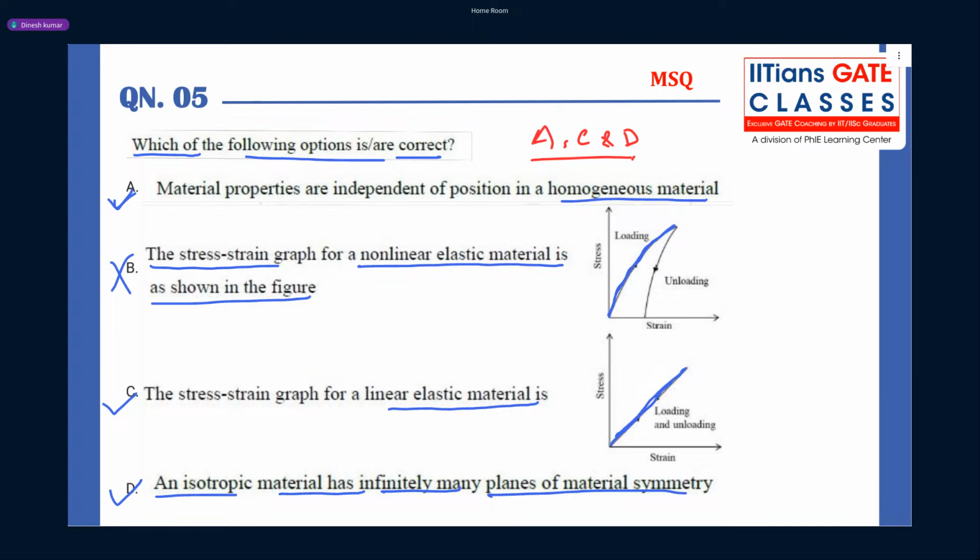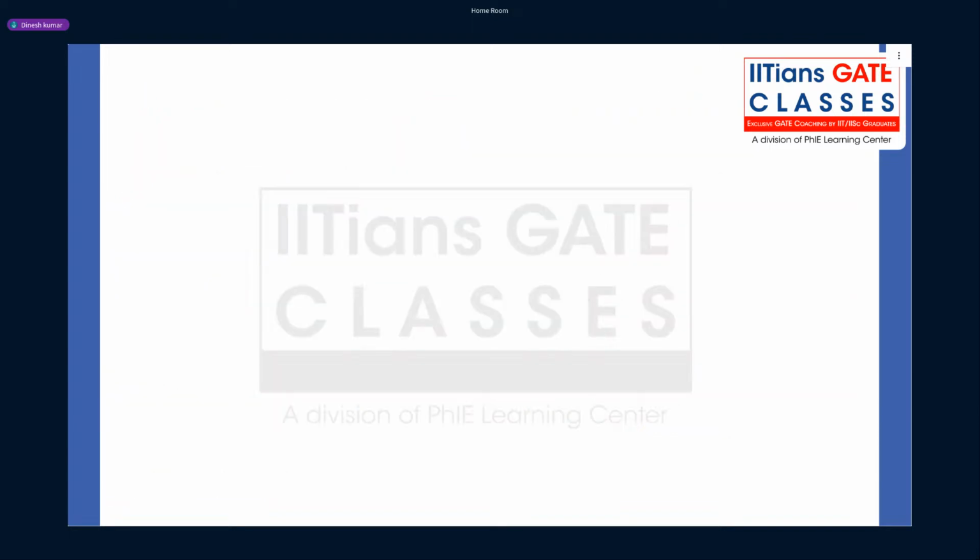Swastik, I will answer your question about loading and unloading. Whenever any structure is loaded, it will undergo deformation, right, if the structure is not rigid. And if the load is removed, it will come back to its original position.